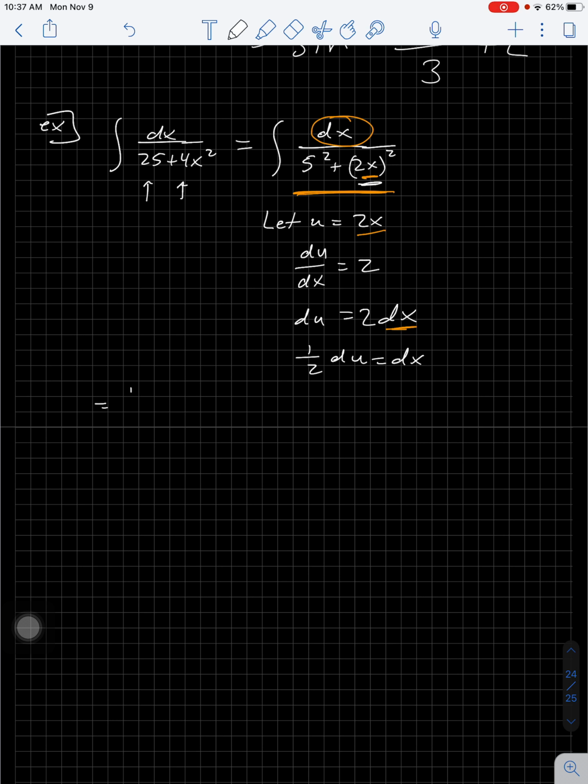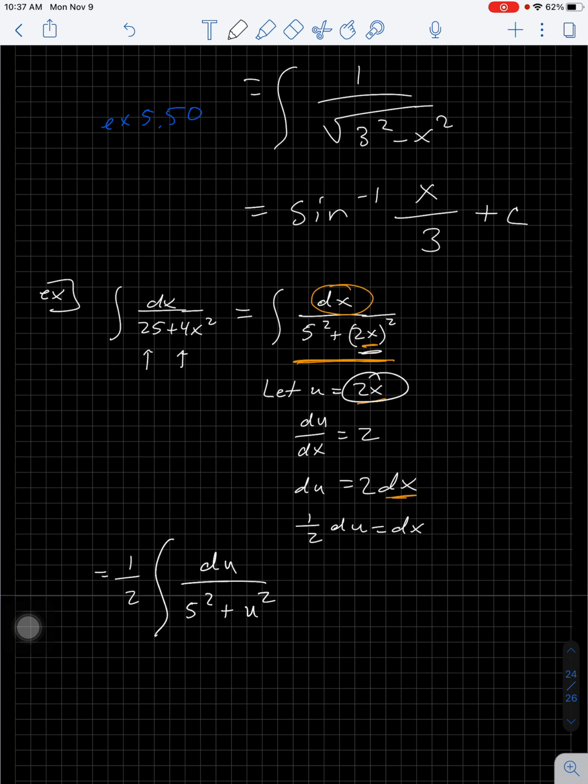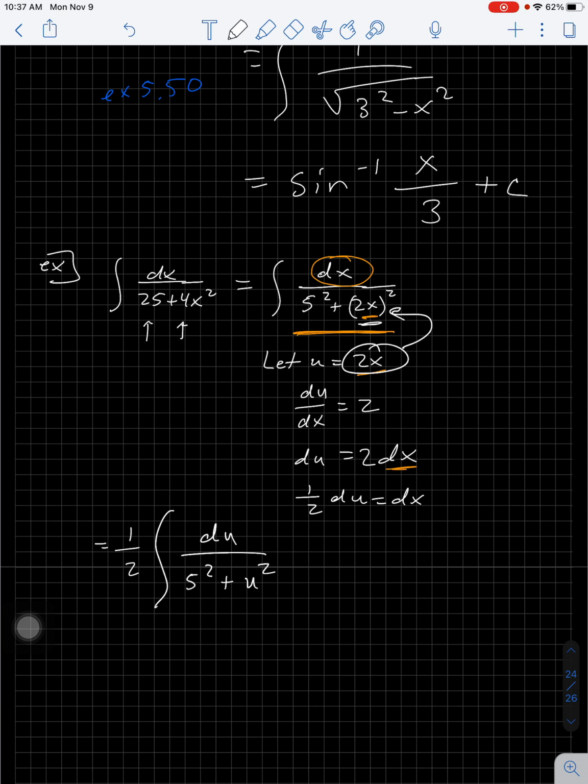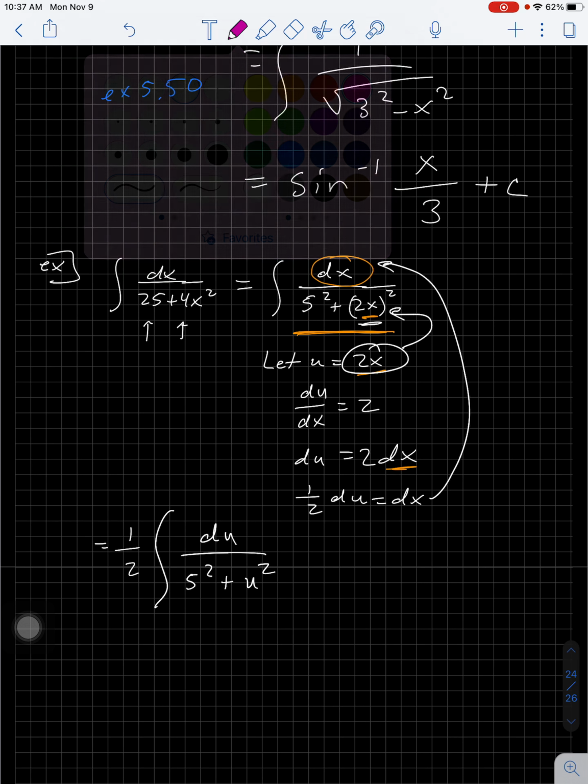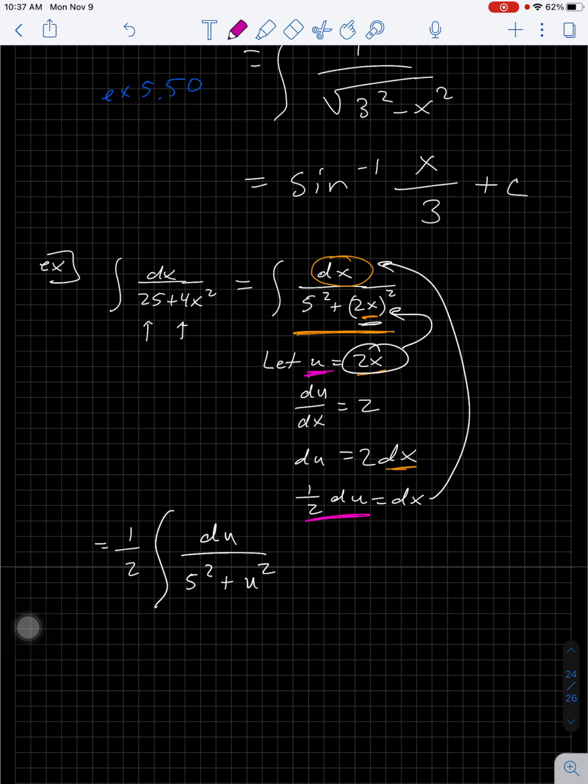The 1/2 I'm going to pull out in front. This becomes du, and I've got 5 squared plus u squared now. That's my 2x part, and my dx is there, substituting with the u and the 1/2 du.